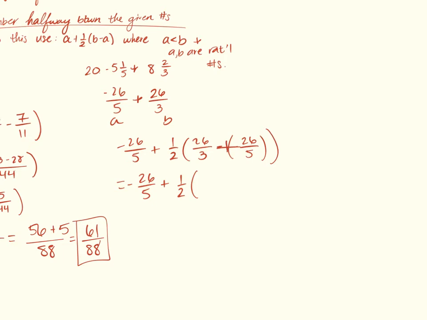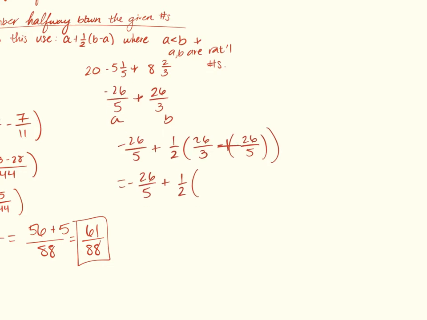So we get 5 times 26 is going to be 130, and 3 times 26 is going to be 78 over 15. So we get negative 26 over 5 plus 1/2 times 208 over 15.